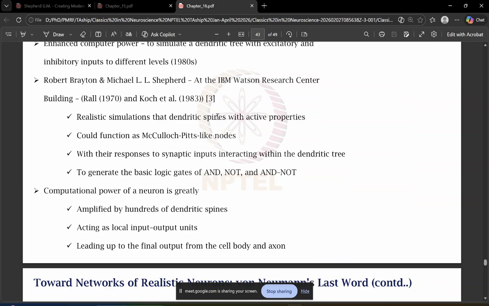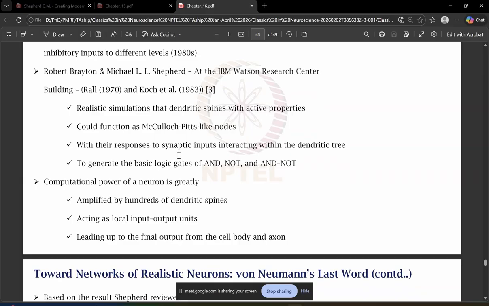They included the dendritic spines, which we know have active properties and are not passive entities, the fact that the dendritic spines are able to amplify the power of neurons, and the use of logic gates, and not only at the synapses.